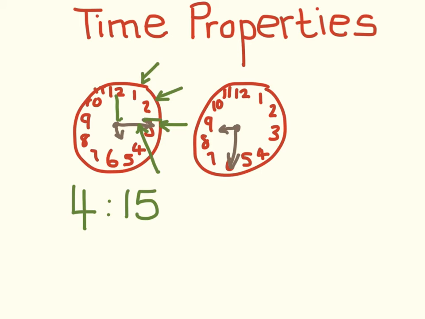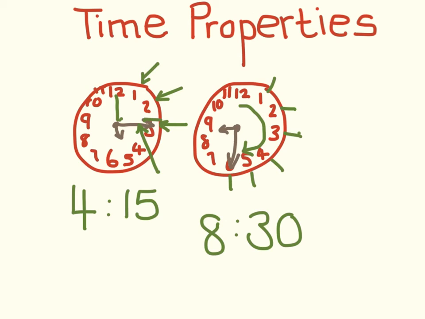On this clock, it's gone halfway round the clock, or 5, 10, 15, 20, 25, 30, so it's 30 minutes past the hour of 8. The reason why it's at 8 is because it's halfway between the 8 and the 9. It won't actually reach the 9 properly until it becomes o'clock.